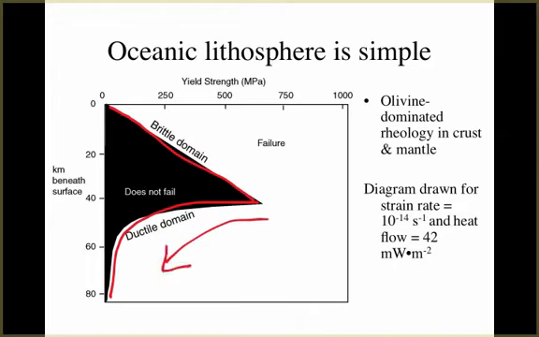So in oceanic lithosphere, it's olivine dominated, so it's stronger to greater depths, but at some point, around 40 kilometers, olivine does weaken.